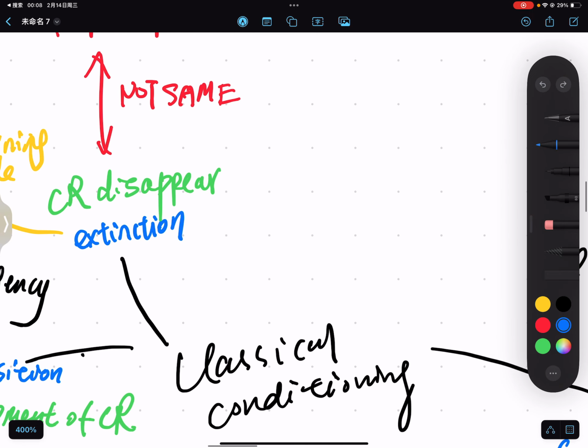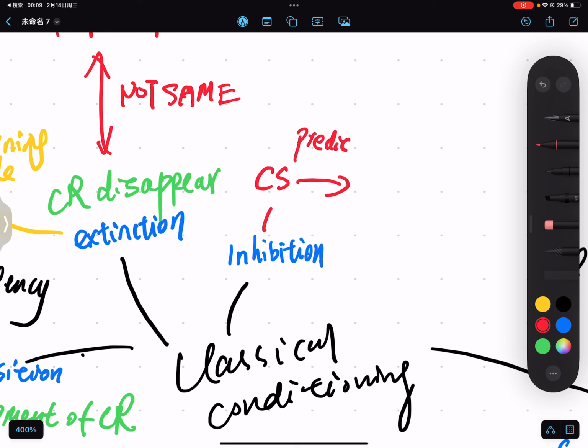And the third term is inhibition. Inhibition is when you use a CS to predict that the UCS will not occur.